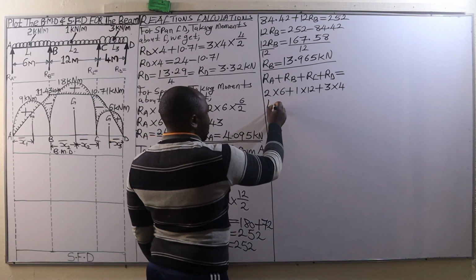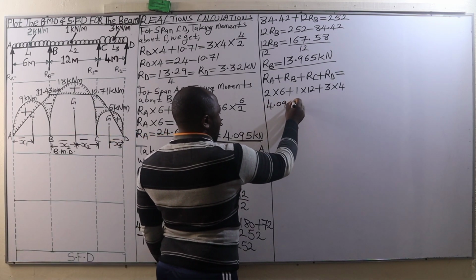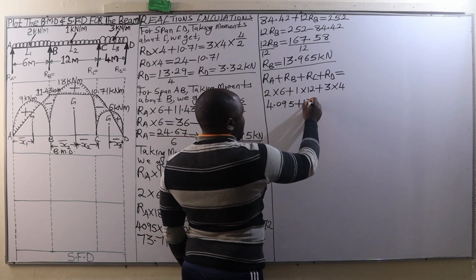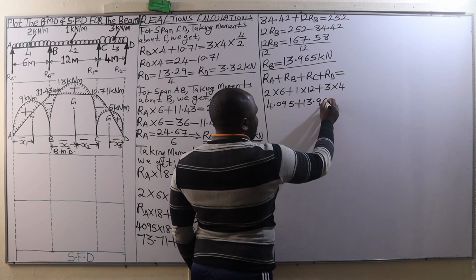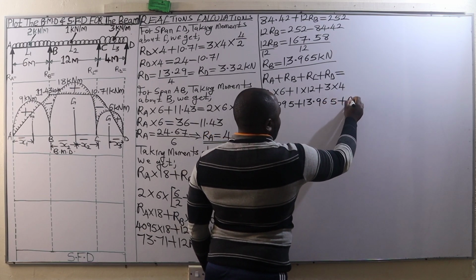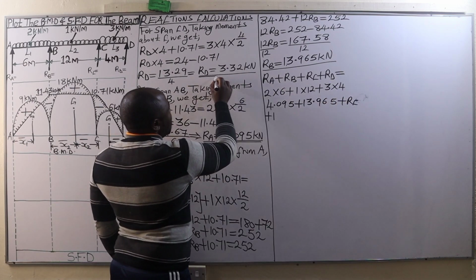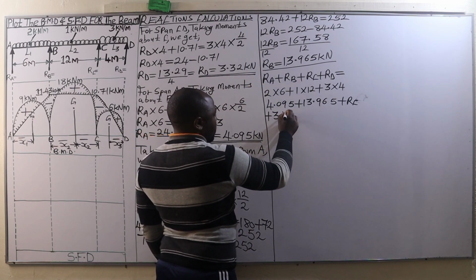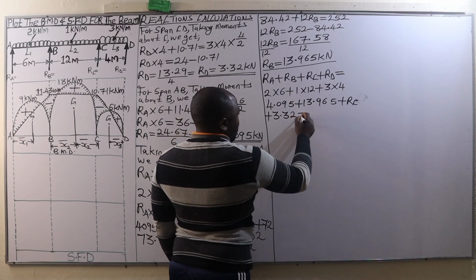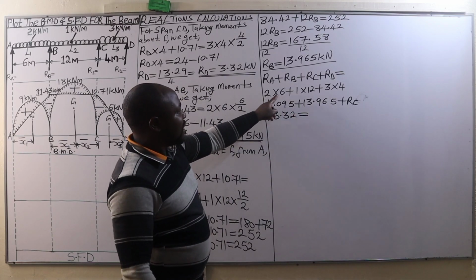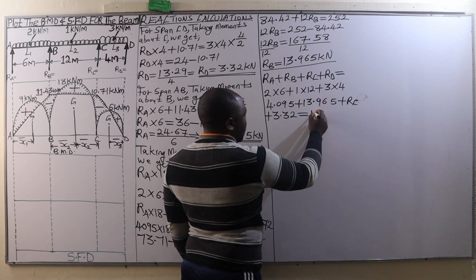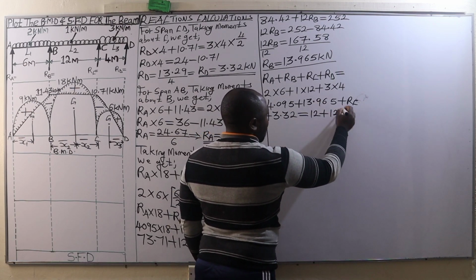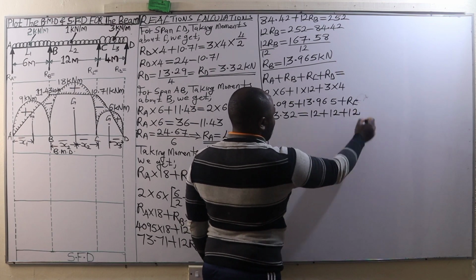So we have 4.095 plus reaction at B, which is 13.965, plus reaction at C, plus reaction at D, which is 3.32. We equate that to 2 times 6, that is 12 kilonewtons, 1 times 12, that is 12, and 3 times 4, that is 12.